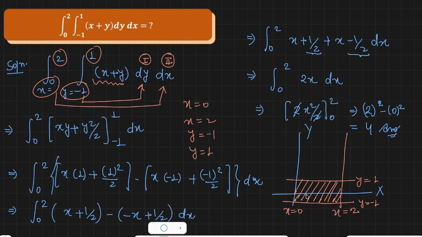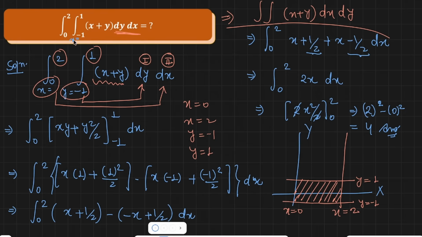Okay, so here, if I write this integral like this, double integral dx dy, and because it is a polynomial function, it will always be continuous. So from here, x plus y, and now it is dy dx, but I am writing dx dy, so I have to change the limit.